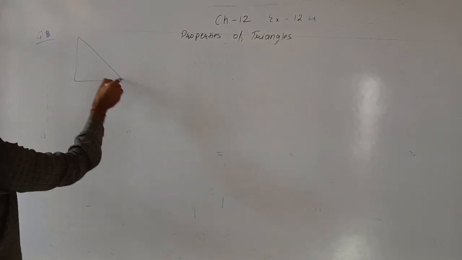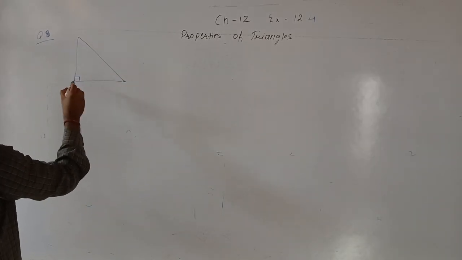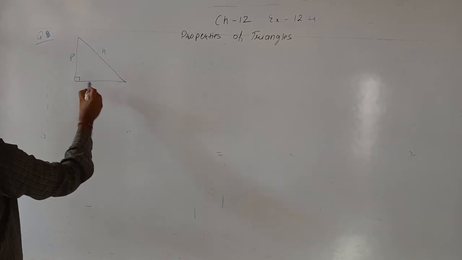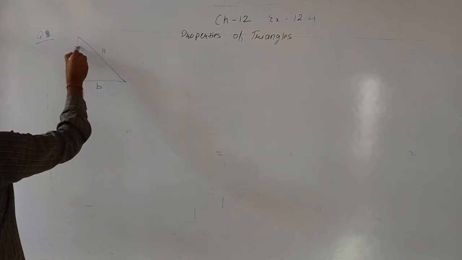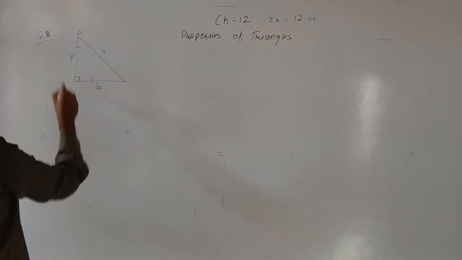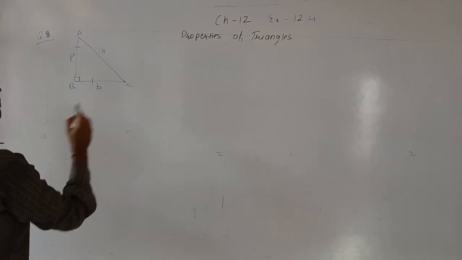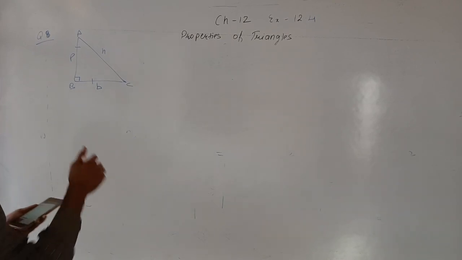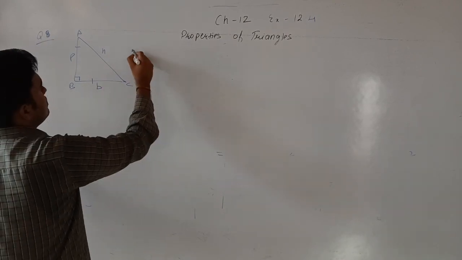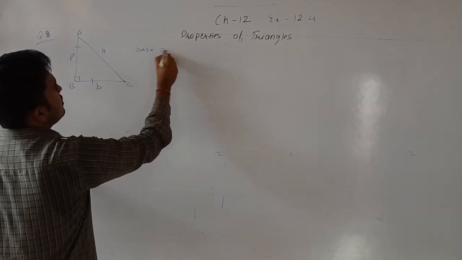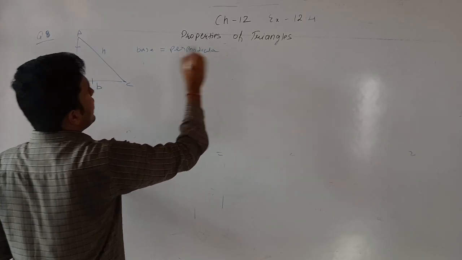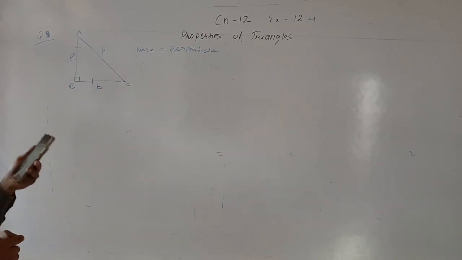So we have a right angle triangle and it is also an isosceles triangle. One angle is 90. This is the hypotenuse, and the other two sides, perpendicular and base, are equal because it is an isosceles right angle triangle. It is given that base is equal to perpendicular.